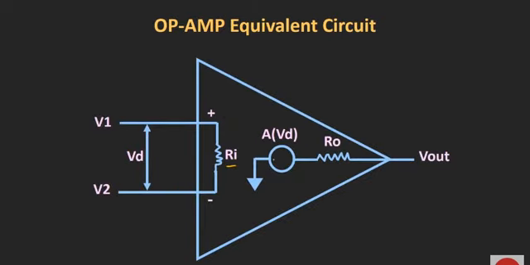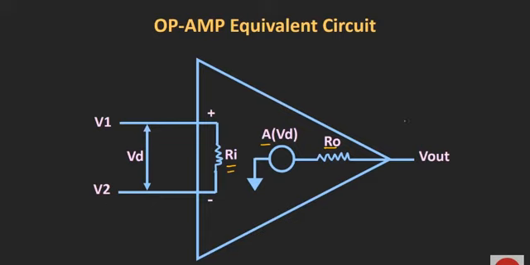As you can see here, Ri is the input impedance of this op-amp. Likewise, Ro represents the output impedance of this op-amp, and the output voltage of the op-amp will be the open loop gain multiplied by the difference between the input signals V1 and V2. Now before we see the different characteristics of the op-amp, let us see the characteristics of the ideal op-amp.